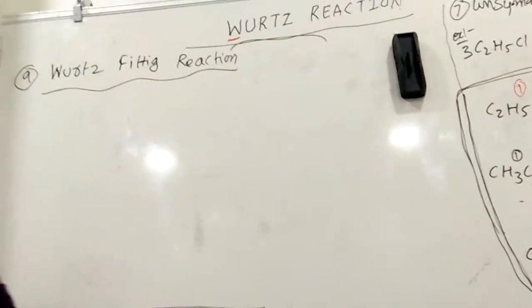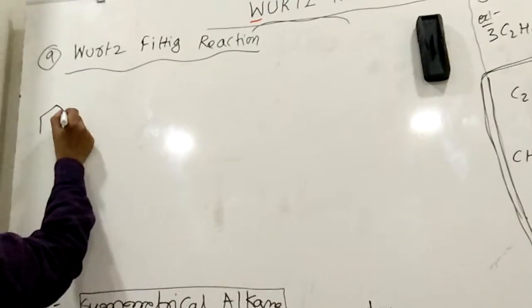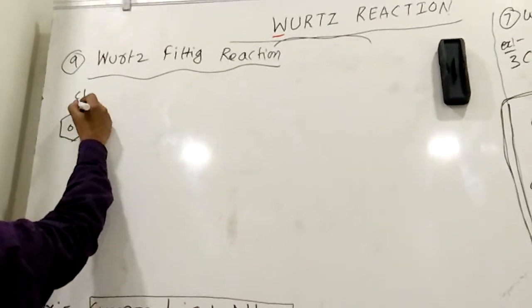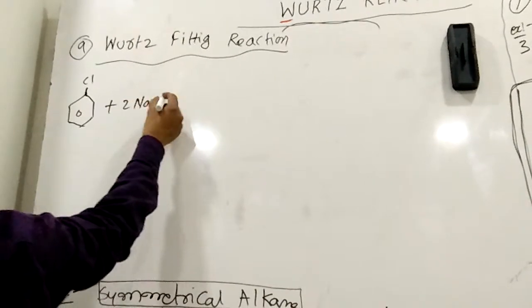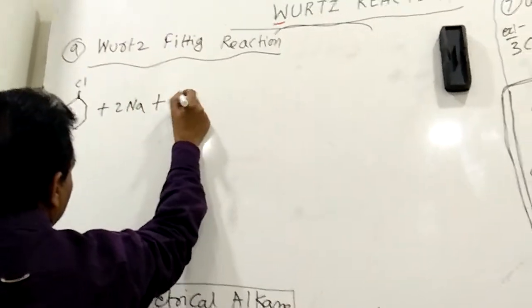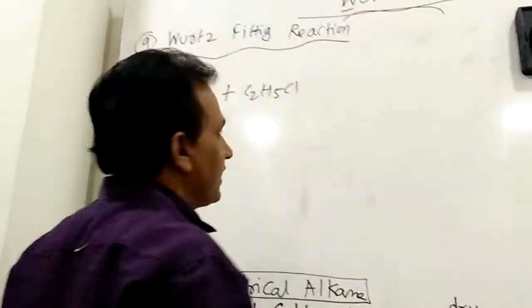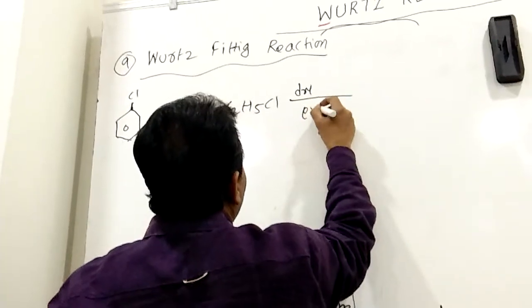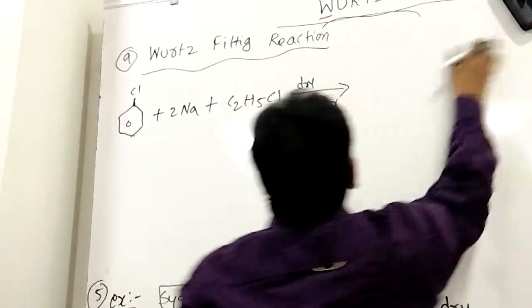The Wurtz-Fittig reaction means an aromatic alkyl halide, such as benzyl chloride, reacting with sodium. One is aliphatic, C2H5Cl, one is aromatic. In the presence of dry ether, what do they form?